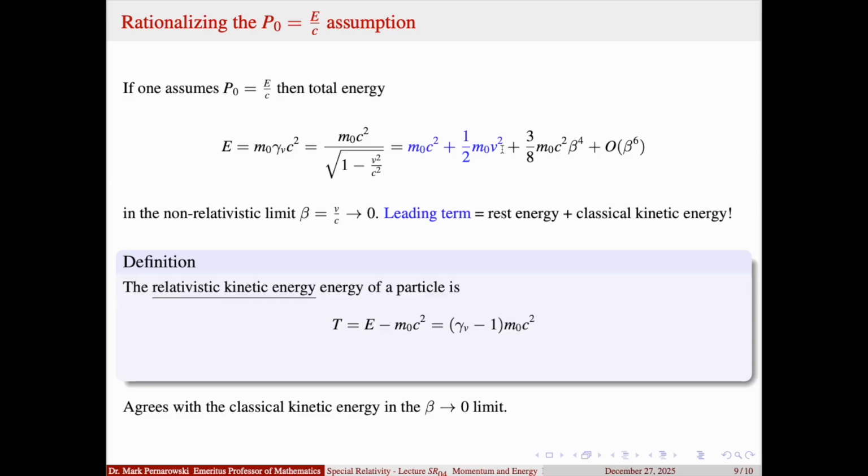And if you look at that expression, the leading term is the rest energy, and the next term is the classical kinetic energy. So what this proves is that if I make the assumption that P naught is E over c, I get a low velocity energy that is consistent with classical kinetic energy.